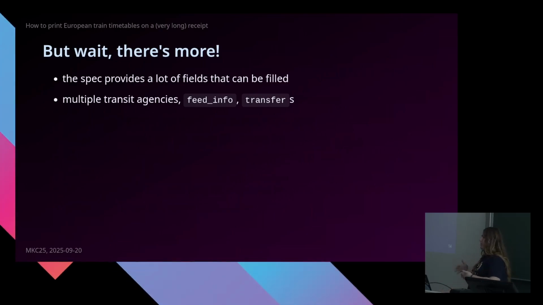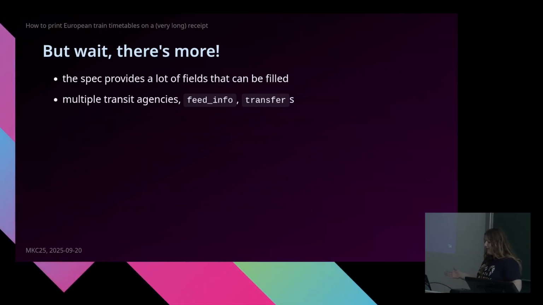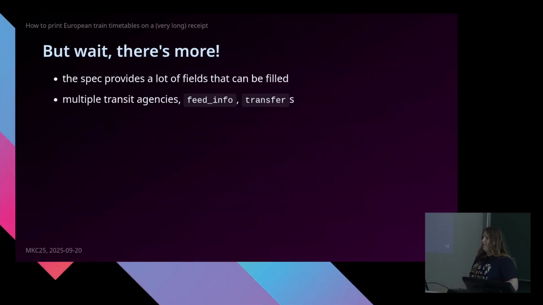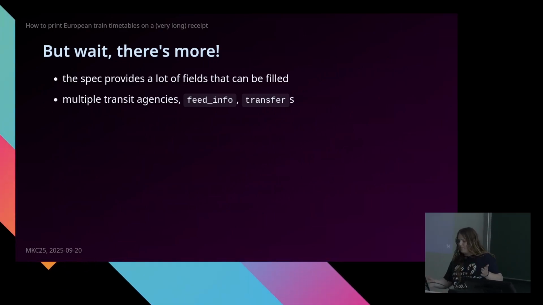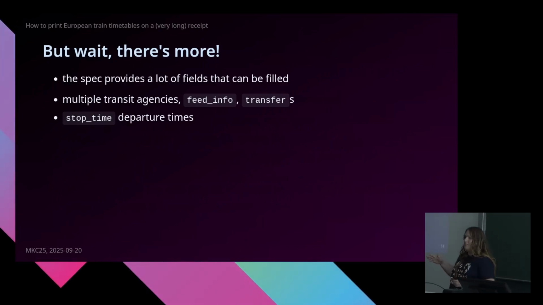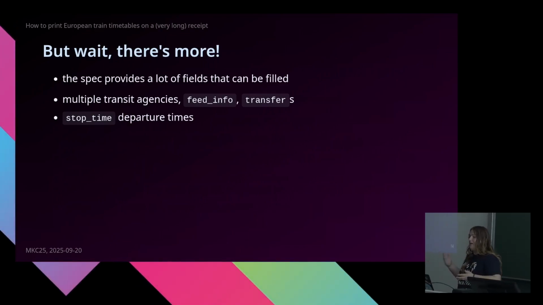We can have multiple transit agencies in a single feed. A more descriptive feed info, which has metadata, transfers, which we do not care about, but they're also available. We can have actual departure times, which is good if we're actually looking at when transit moves.